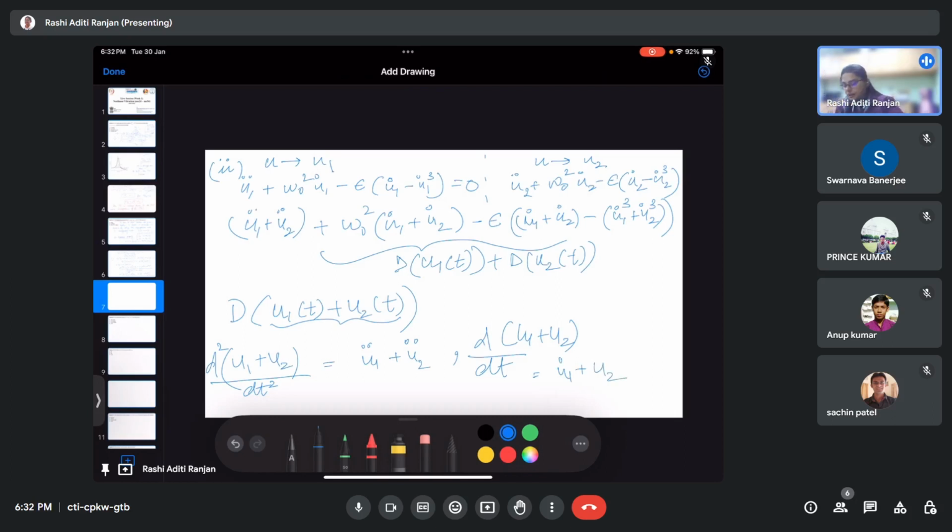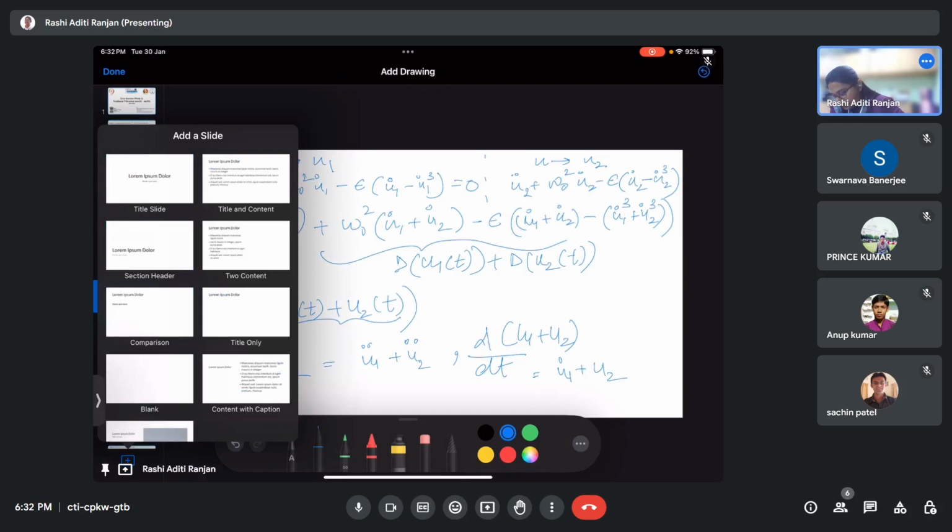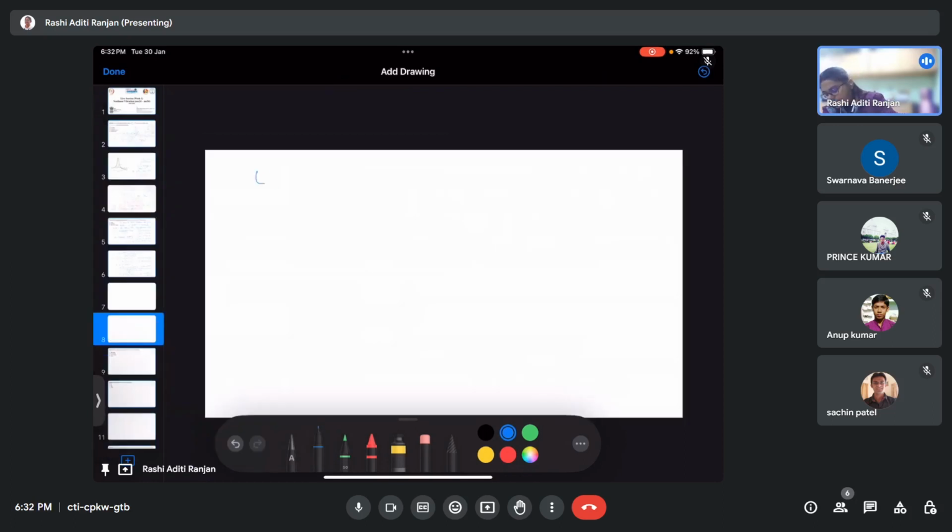Okay. But the problem is with the other case, which is u dot cube. Here, if I replace it with u1 plus u2, what is going to happen? It will be d by dt of u1 plus u2, whole cube.